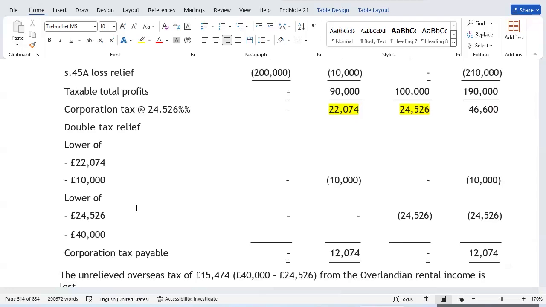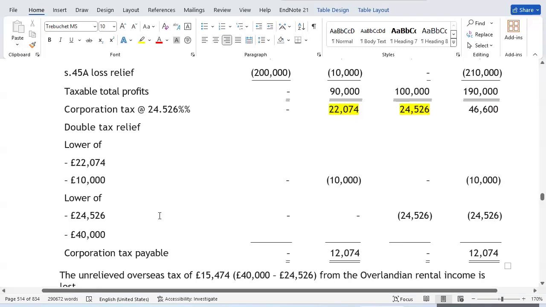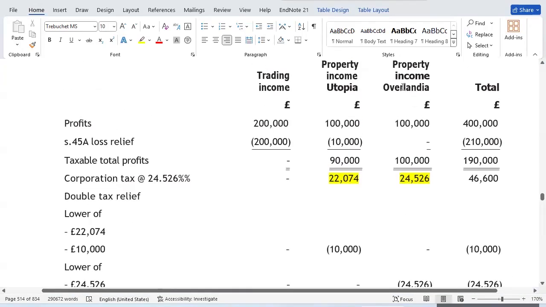I must allocate to UK because I want to maximize the DTR given to Utopia and Overlandia. Overlandia has the highest tax rate, so I don't want to allocate anything there because I want to maximize the DTR.